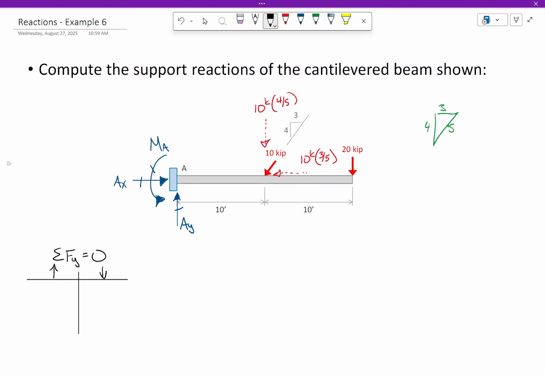I love my job. Okay, so we have forces going up, forces going down. What do we have going up? We have AY. What do we have going down? We have 10 kips times 4/5 and 20 kips.